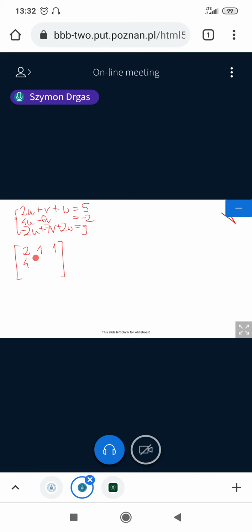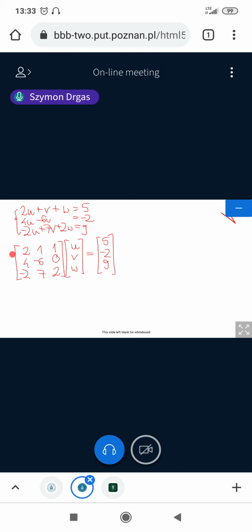Then we have 4, -6, 0, 7, and 2. And then we can write the unknowns, so u, v, and w. And the right side, we have 5, -2, and 9. So that's the alternative way of writing this system of equations.